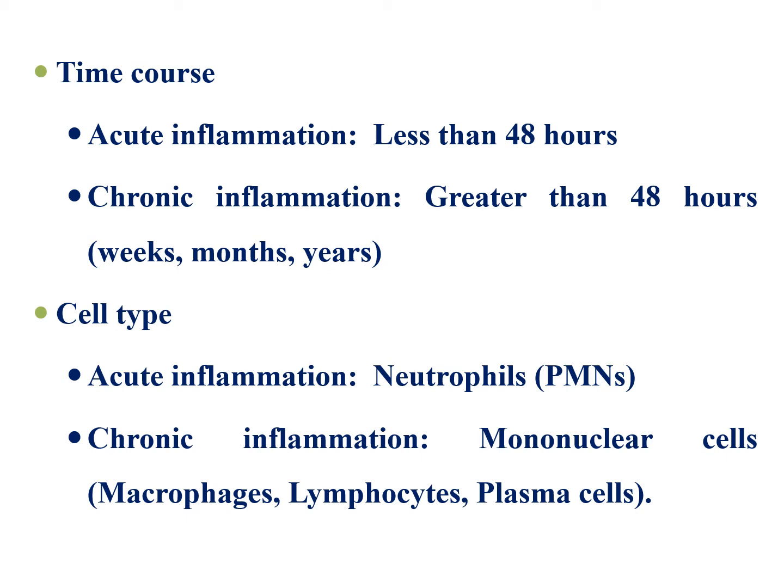The cell types that we see in acute inflammation are polymorphonuclear cells like neutrophils. In chronic inflammation, we see more mononuclear cells like macrophages, lymphocytes, like T cells, for example.